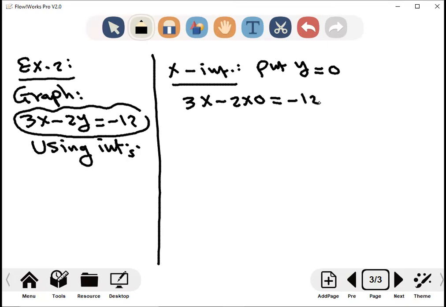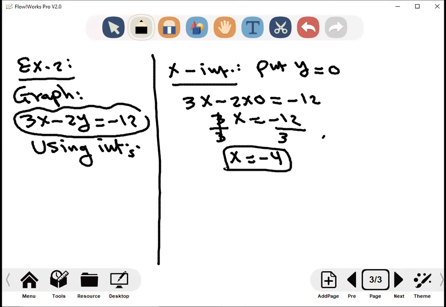Now 2 multiply 0 goes away. What's still here? 3x equals -12. Now divide by 3 on both sides to find x. So x will be negative 4. Now I have the x-intercept ordered pair. X and y, not y and x. X how much? And y, you put it already as 0. This is the x-intercept.